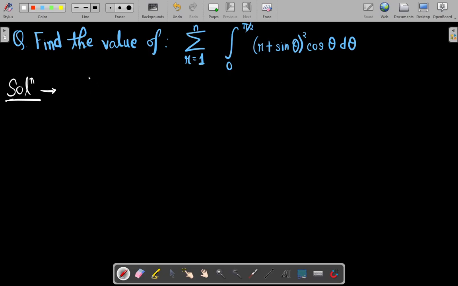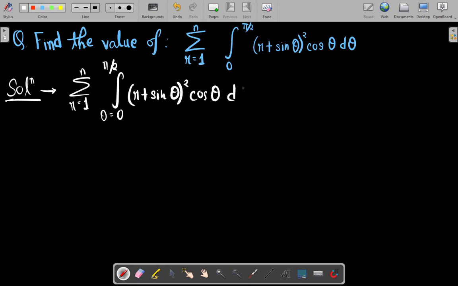We are given the summation of r goes from 1 to n, and the definite integral is for theta from 0 to pi over 2 of (r plus sine theta) whole square times cos theta d theta. For the definite integral, since we are integrating with respect to theta, r is a constant here.